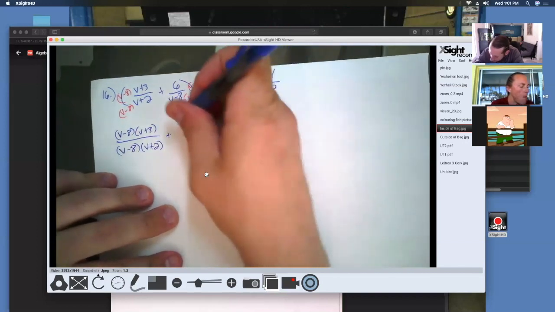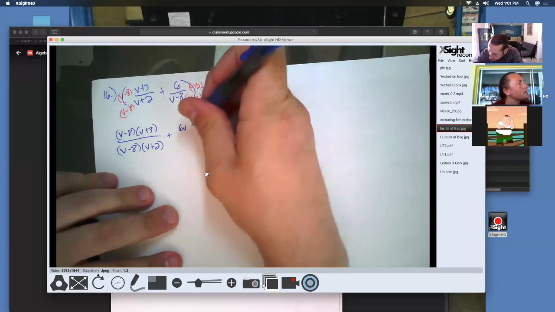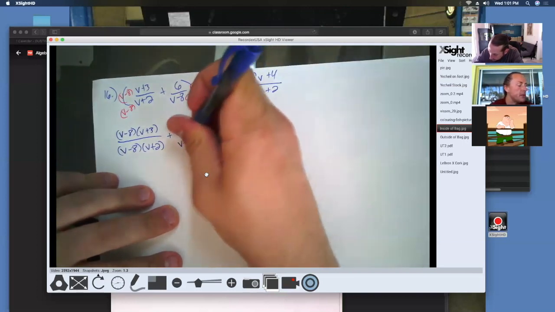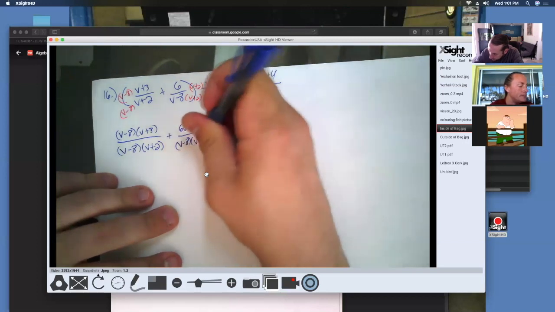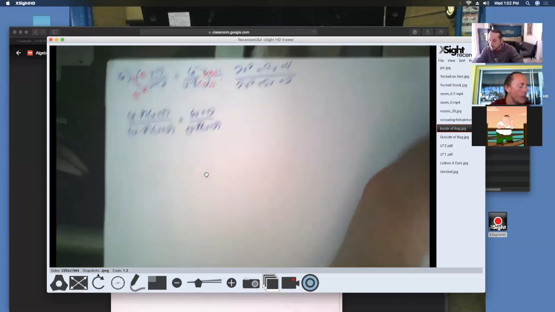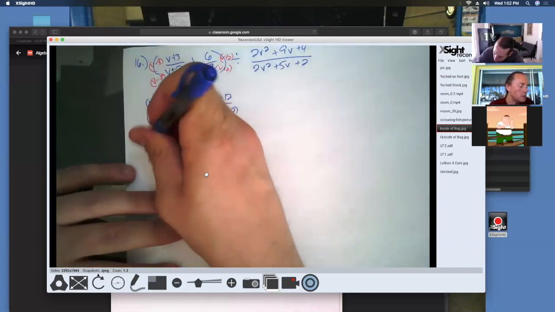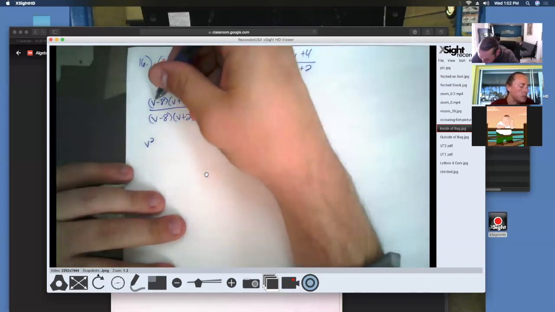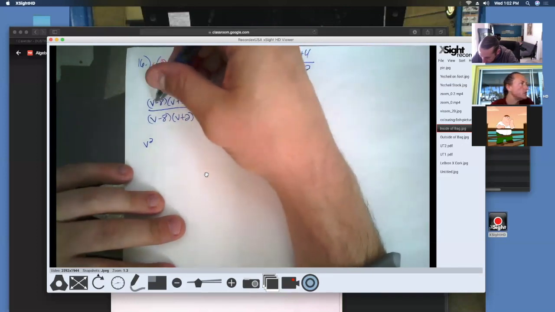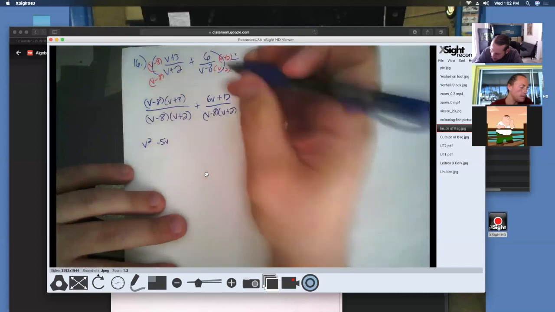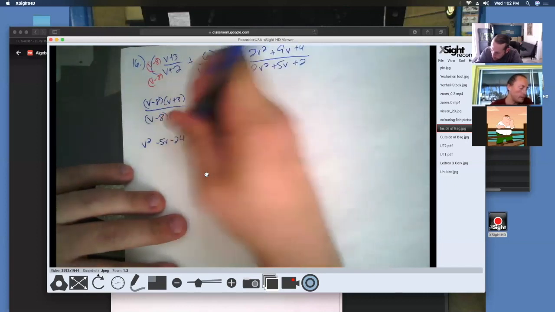6 times v is 6v, 6 times 2 is 12. And again, we have our v minus 8 and v plus 2. Okay, now I'm going to have to FOIL this out. So that's going to give me v squared, 3v and 8v, so that gives me a minus 5v and then minus 24.